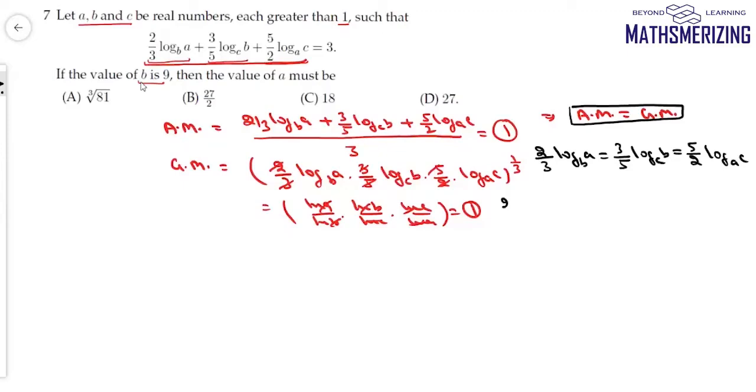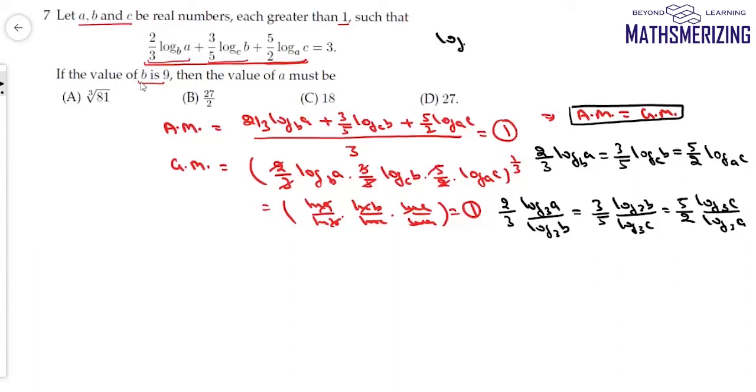So I'll write 2 by 3 log a base 3 upon log b base 3, 3 by 5 log b base 3 upon log c base 3, and this is 5 by 2 log c base 3 upon log a base 3.